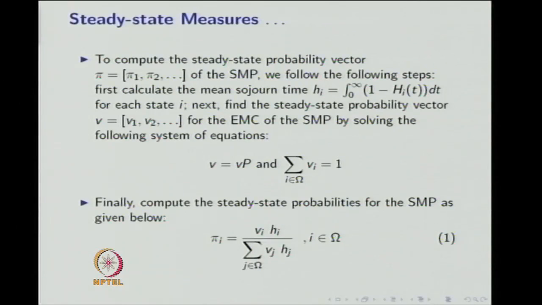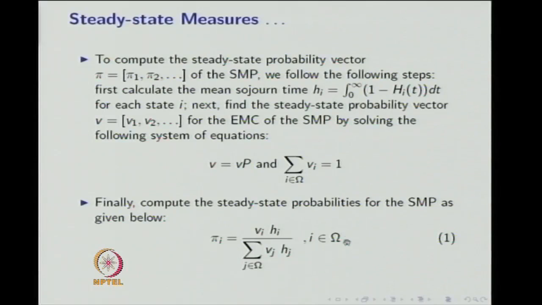First, calculate the mean sojourn time, that is nothing but the small h i. Since H i of t is the distribution function, 1 minus H i of t integrated between 0 to infinity will be the mean sojourn time, because each random variable is non-negative. Therefore the mean is the integral from 0 to infinity of 1 minus the CDF, for each state i.